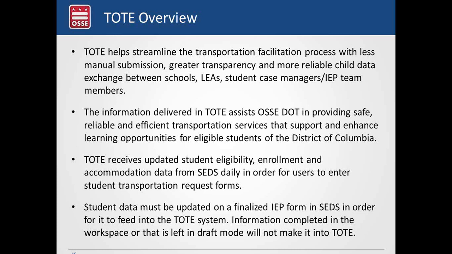So just make sure it's finalized, and also make sure that the pickup and drop-off addresses are correct, and that the contact information for their guardians are good numbers for us as well, because we want to make sure that if there's an emergency or anything of that nature, we're able to get in contact with the parent, most importantly.